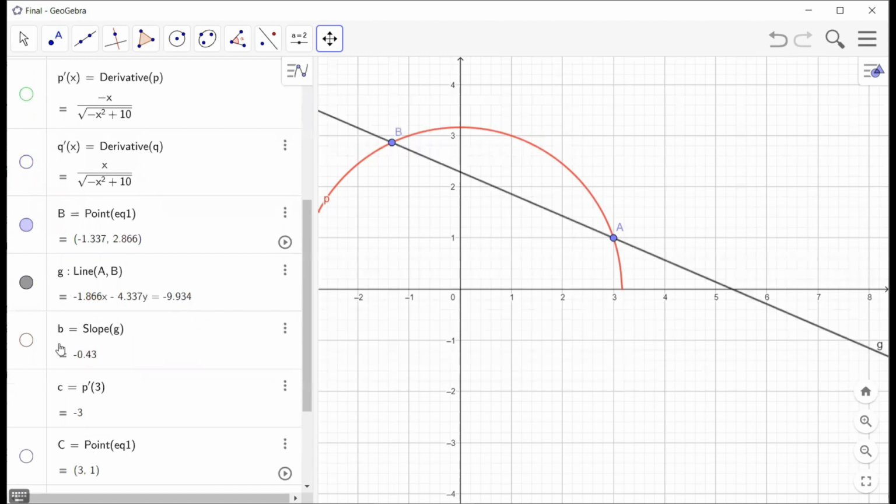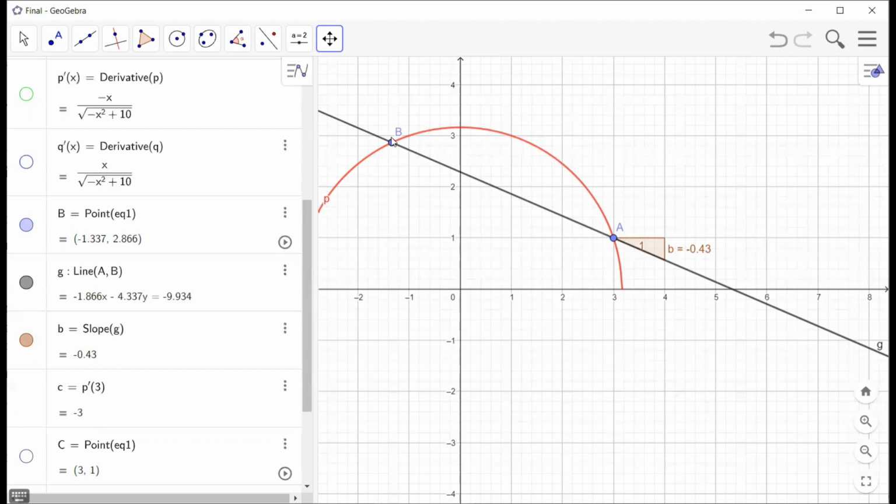And we can ask GeoGebra also to calculate the slope of the straight line AB, which is called g. And the slope of this secant will be -0.43.